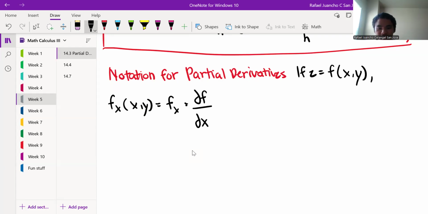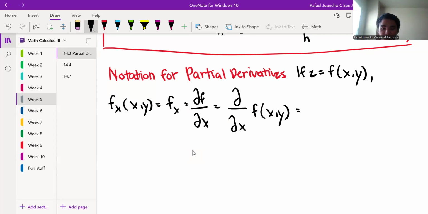Let me write that a bit nicer. There we go. We could write it like this. So this one is the other notation that we previously used in Calculus 1.